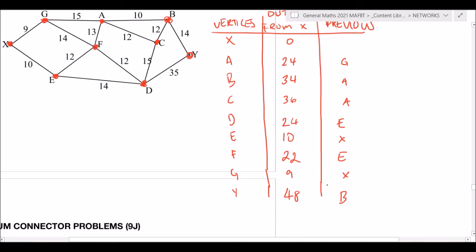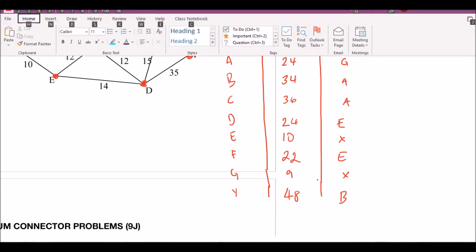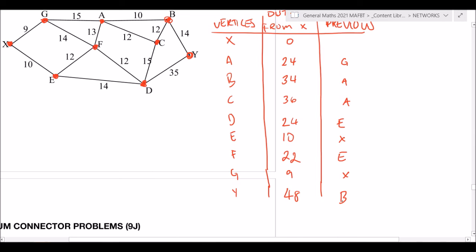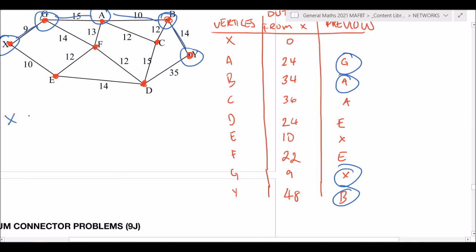But what's the path that we're taking? Well, let's look at what we've got here. From Y, the previous vertex will be B. So we're at Y, and then we go to B. And if we're at B, the previous vertex was A. So from A, up here, the previous vertex was G. And from G, the previous vertex was X. So the path that we've taken is essentially X, G, A, B, and then Y. And the weight of it was 48.